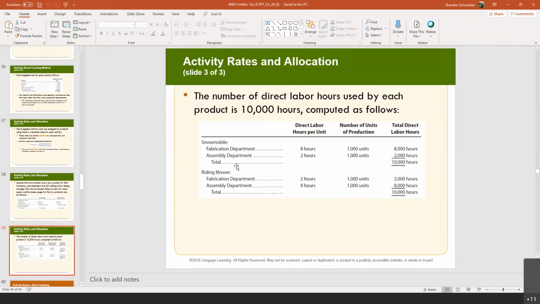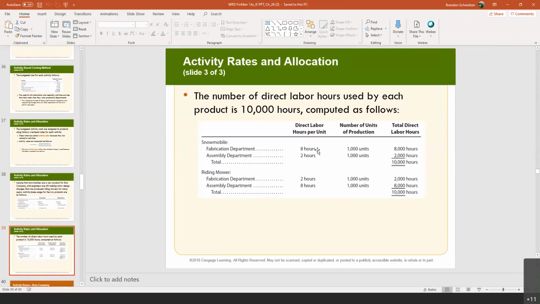Looking at it from departments, we have our fabrication and assembly departments for both the snowmobile and the riding lawnmower. They both go through the same processes, the same activities, but the amount of hours spent in each activity for the different products is different.